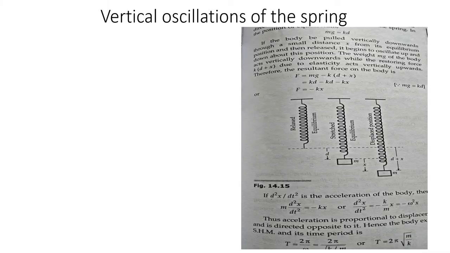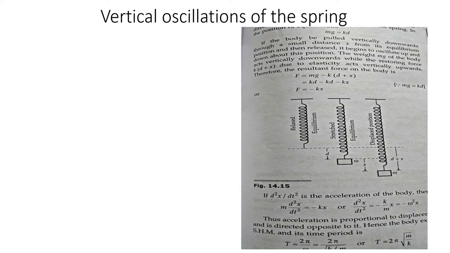Okay, now we are considering vertical oscillations of the spring. If the spring is kept vertically, what will happen? This is the first case, where no mass is connected. In the next case, we connect a mass m.